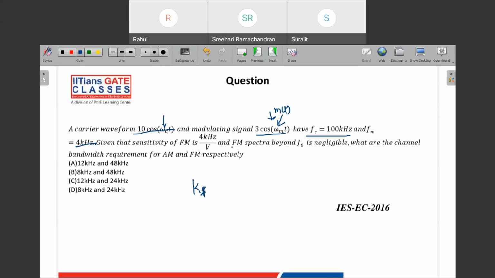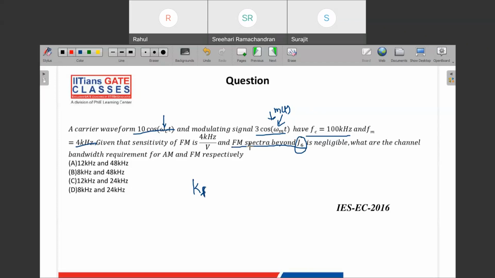Now, the FM spectra beyond J6, so this J is the Bessel function that we just discussed. So FM spectra beyond J6 is negligible. So what are the channel bandwidth requirements for AM and FM respectively? Okay.